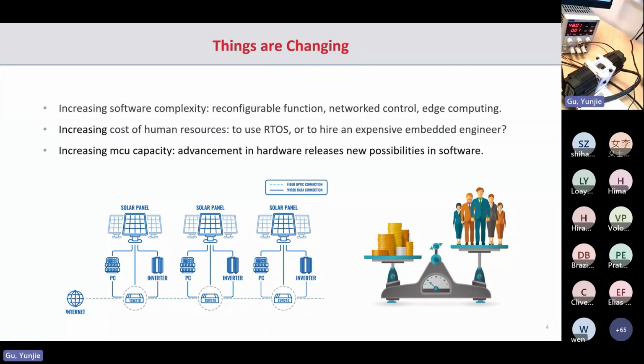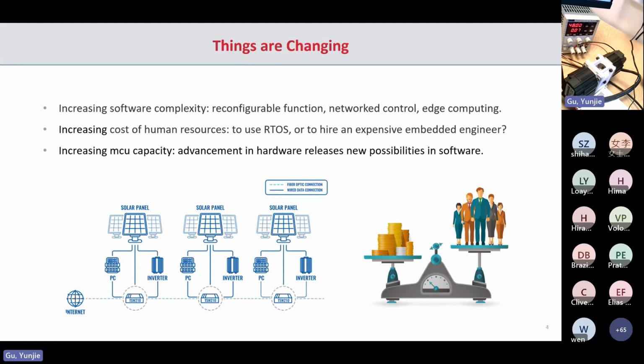We have, say, reconfigurable control for inverters, for motor drives, and we also have network control. It's not just a standalone inverter. These inverters are organized in a network, and they communicate to each other with some central control unit. And so the control is becoming more complicated.